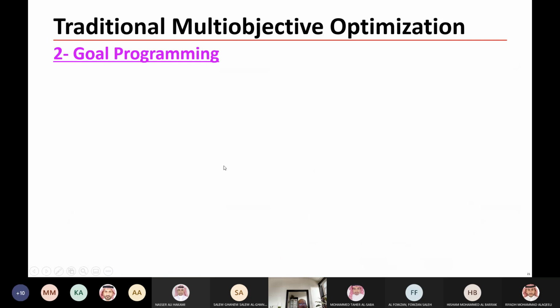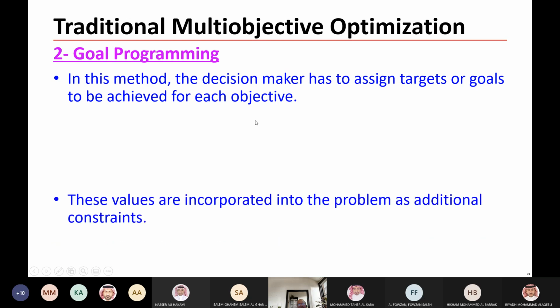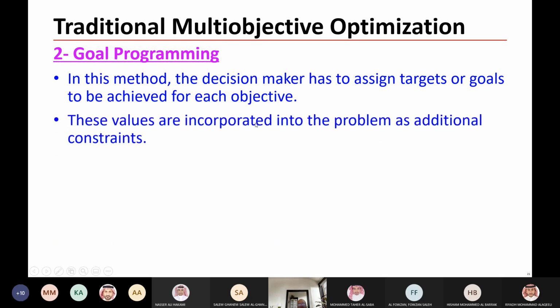Another traditional multi-objective optimization technique is goal programming. The decision maker has to assign targets or goals to be achieved for each objective. For example, if you have cost and reliability, you can set your target in terms of the cost.